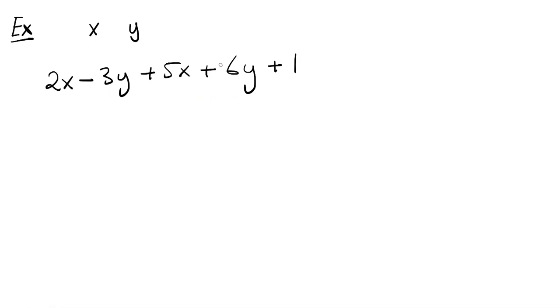This can be simplified. So we can group together all the y's and the x's. Of course, we can do this in any order. So we have 7x, and we have 6y minus 3y. So that's 3y plus 1.